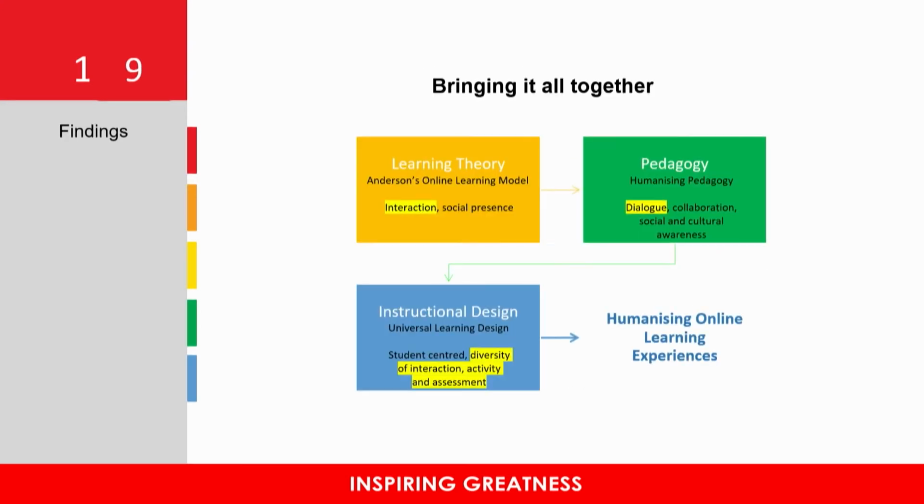So when we bring it all together, we've discussed the learning theory, we've discussed the pedagogy, and we've discussed the instructional design, looking at Anderson, looking at Freire's Humanizing Pedagogy, as well as universal learning design. And each of them identifies the need for interaction, dialogue, and an assessment or cognizance of diversity within the learning space, leading into a humanizing online experience.